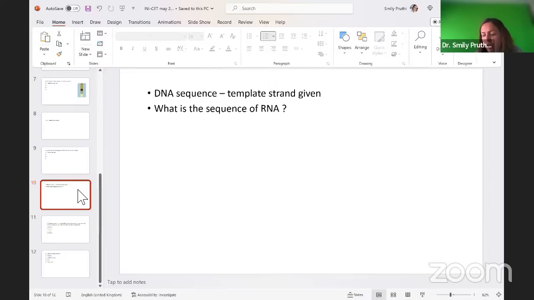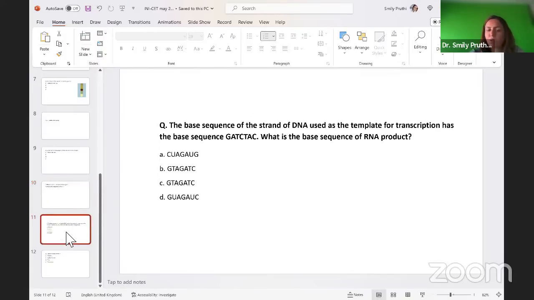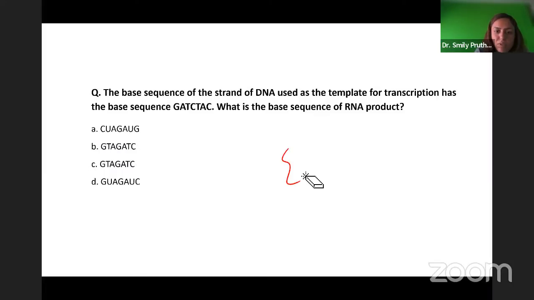ATGC arrange karna tha. Sequence of mRNA asked. Okay, so how did you solve this question? Let me tell you how to solve this question. At least we discuss something. So suppose this was the base sequence of DNA template given. This is a common question which is frequently asked and it is a little tricky to answer.